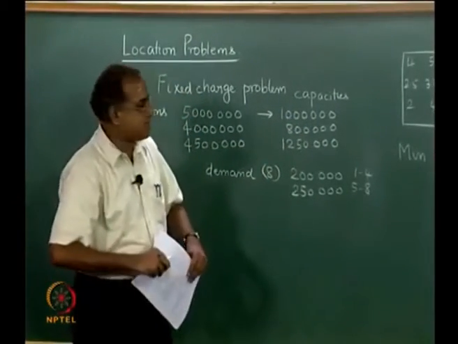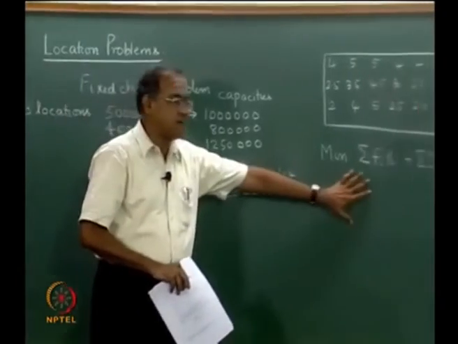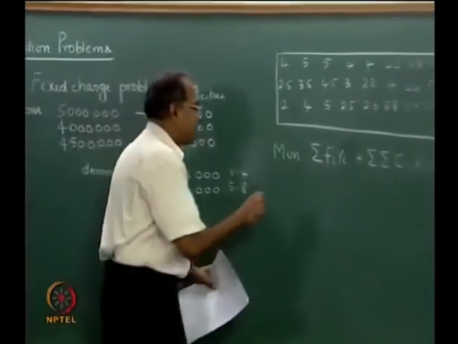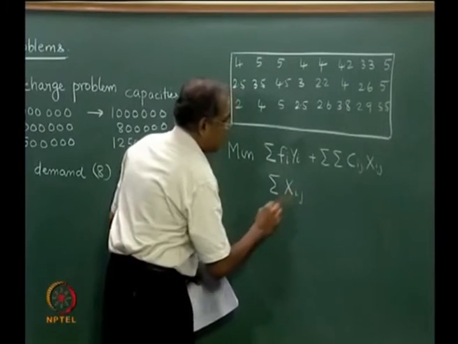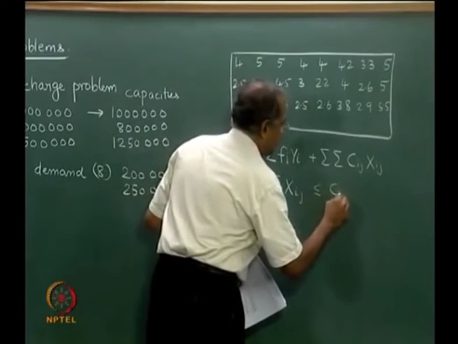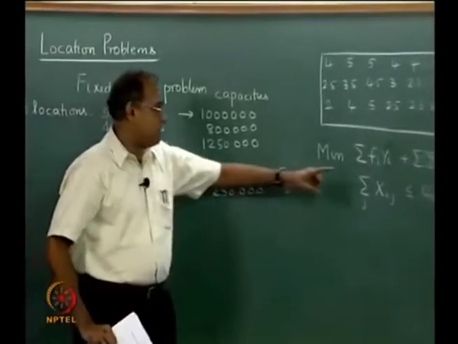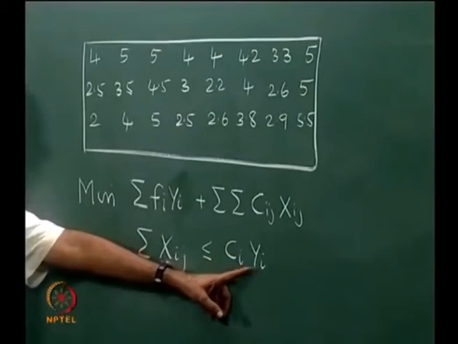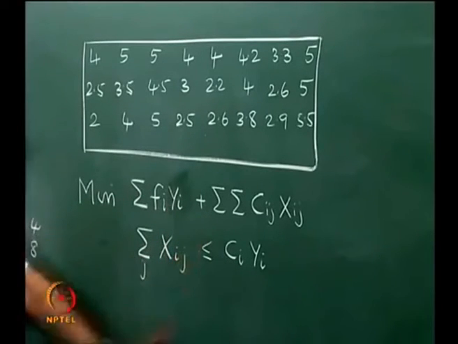There will be 8 constraints of the demand. So, there will be 3 constraints for the capacity. The capacity constraint would be like this: summed over j of xij is less than or equal to Ci yi. So, if facility i is chosen, then there is a capacity Ci and things can be transported from i.